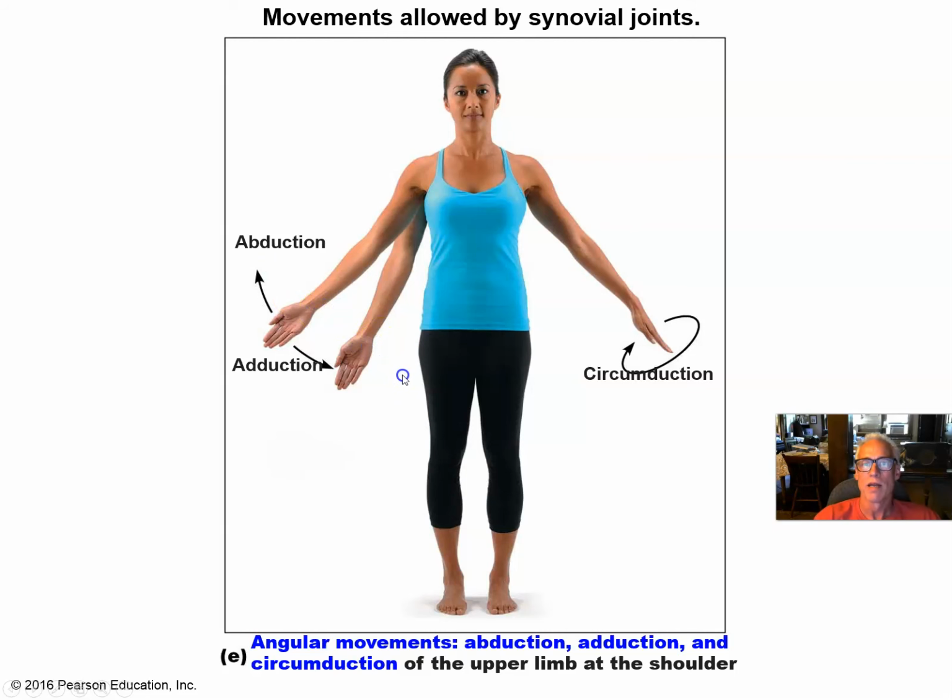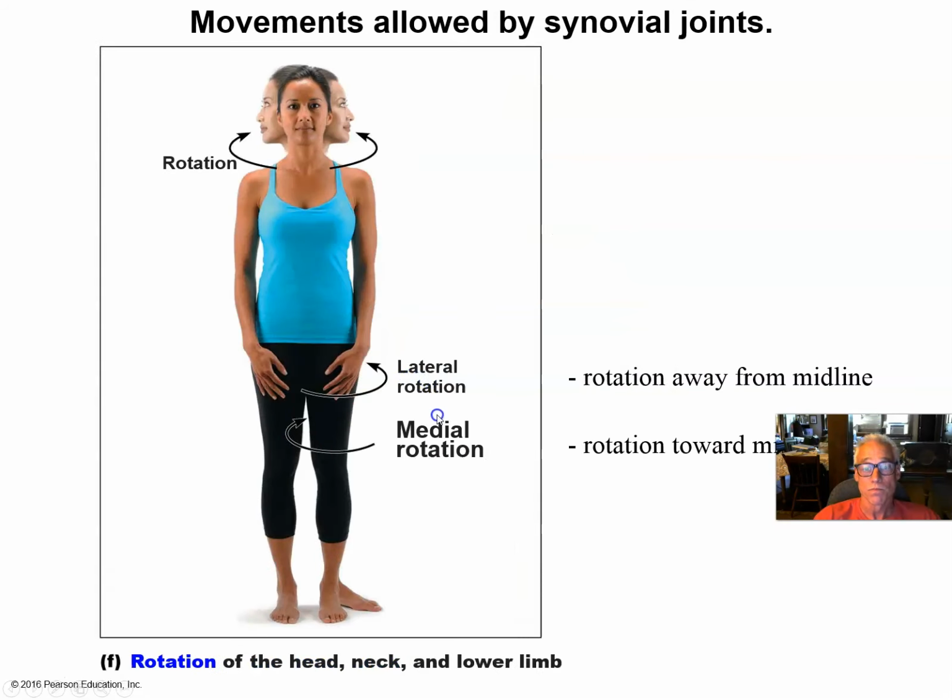The ball and socket joints, as we'll discover, of the shoulder and hip allow us to do rotation of the humerus and rotation of the femur. In order to name those rotational movements, we need to just think about the anterior surface of the limb. So if the anterior surface of the leg moves laterally as the femur rotates, we call that lateral rotation.